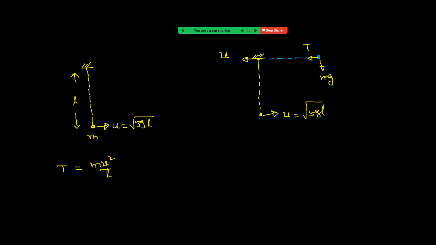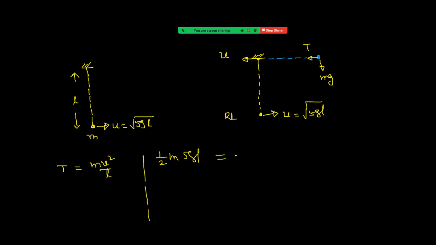So to find the speed, I am using the energy equation, using the law of conservation of mechanical energy. Let us take this bottom as the reference level. Initially, no potential energy, only kinetic, that is half m v square, that is 5gL times m by 2.